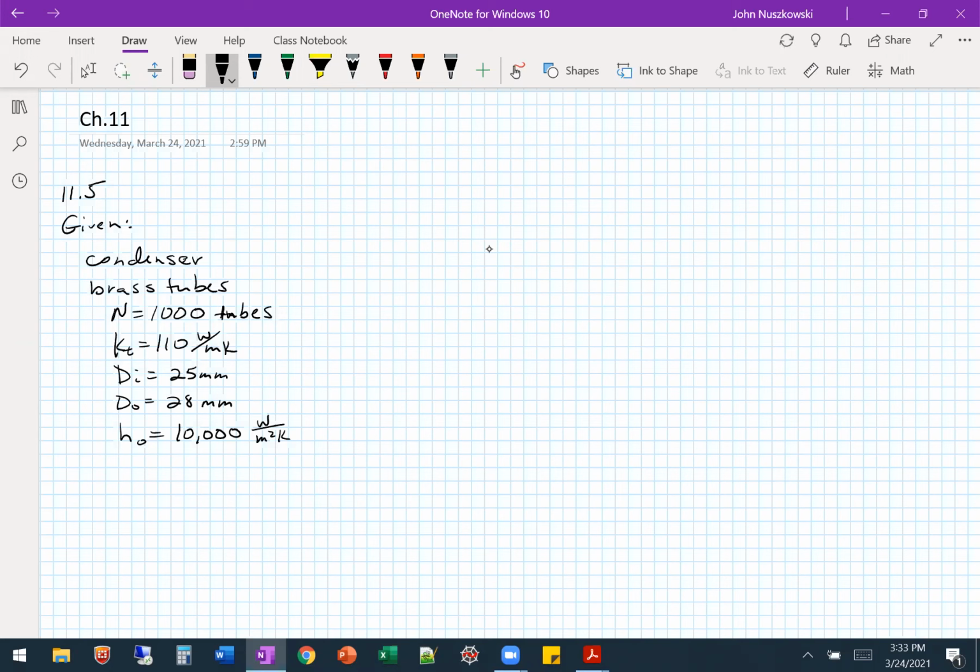And they want us to find a few things. So for part A, it's the overall heat transfer coefficient, and it needs to be based on the outer area.